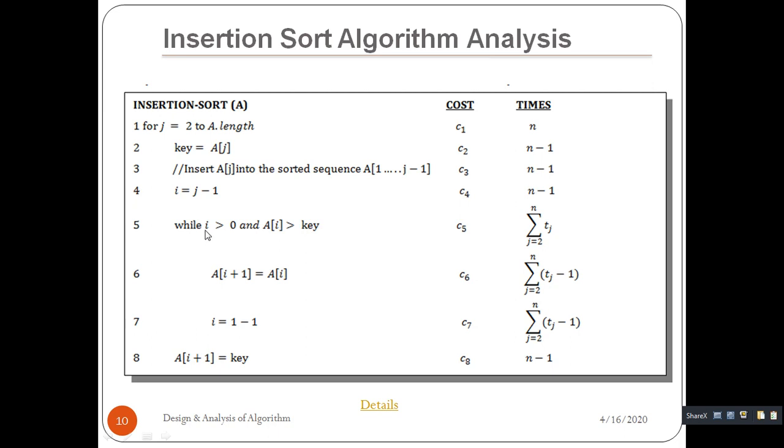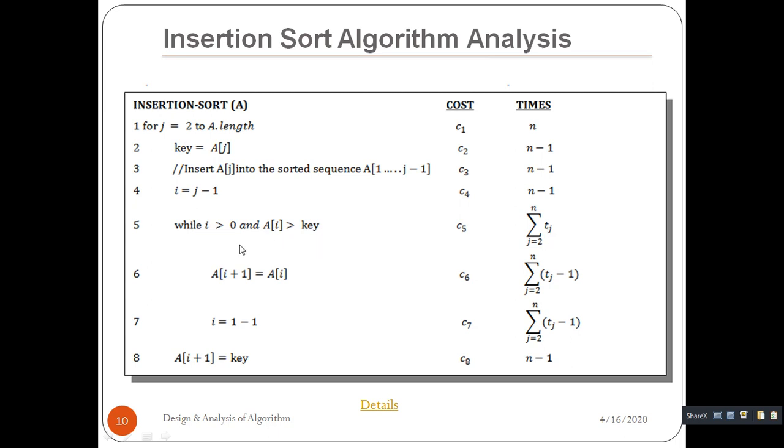Now this whole thing depends upon the value of j. So let's say for the jth iteration, the time required by this particular step is Tj.